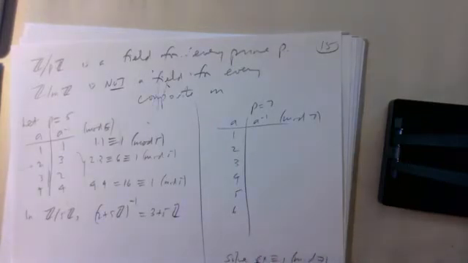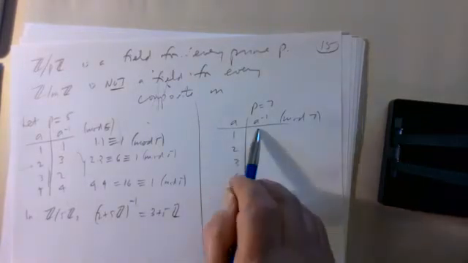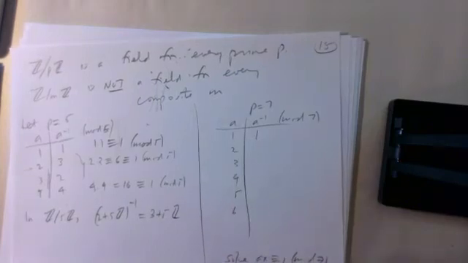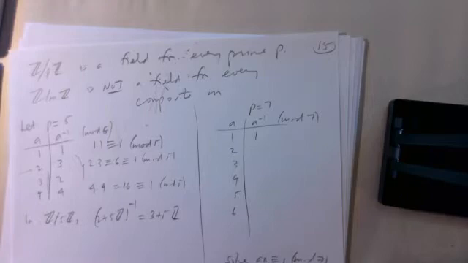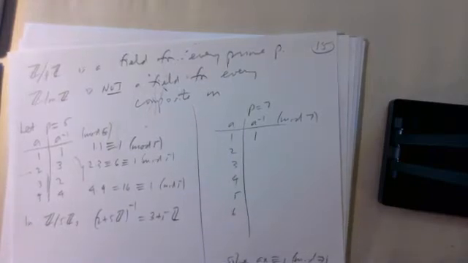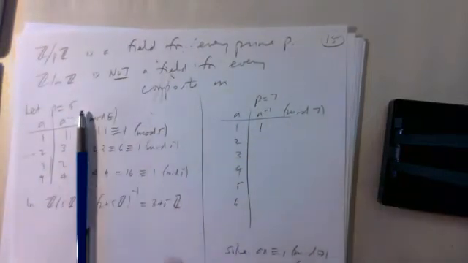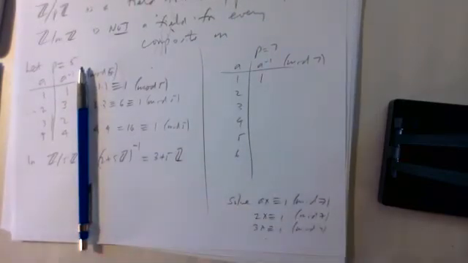When a is 1, x is 1. What about 2? Solve 2x congruent to 1 mod 7, and 3x congruent to 1 mod 7, and so forth. So solve all of these congruences and fill in this table. You should spend a couple of minutes working this out.